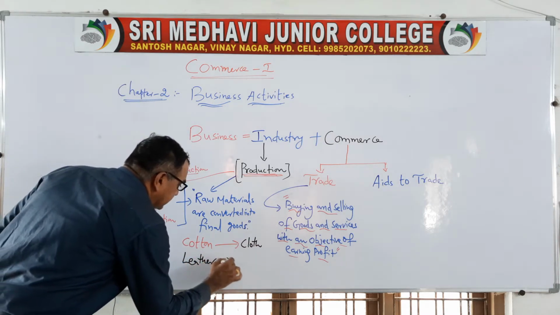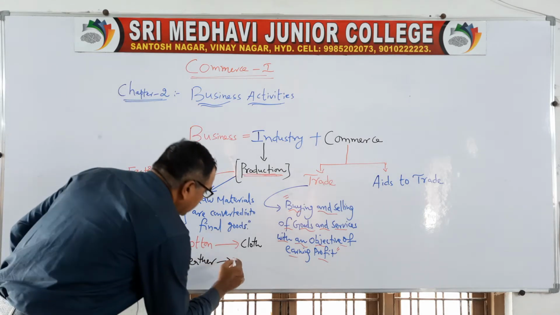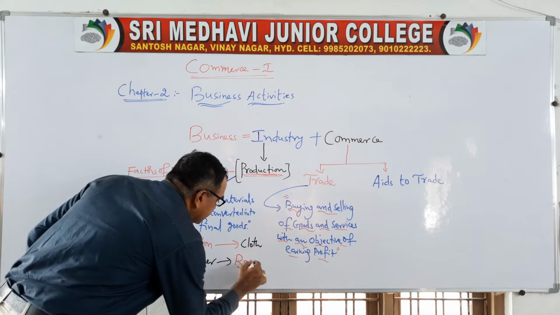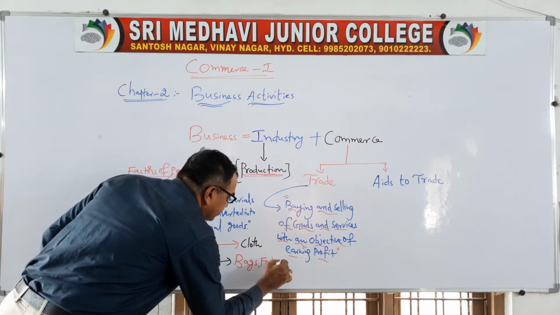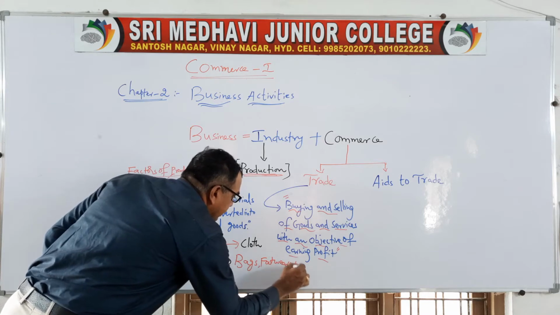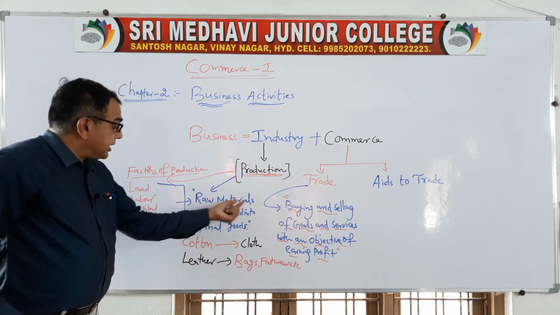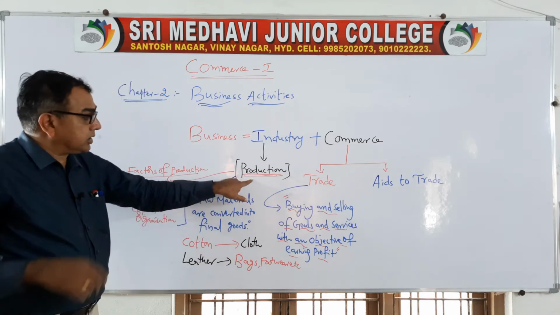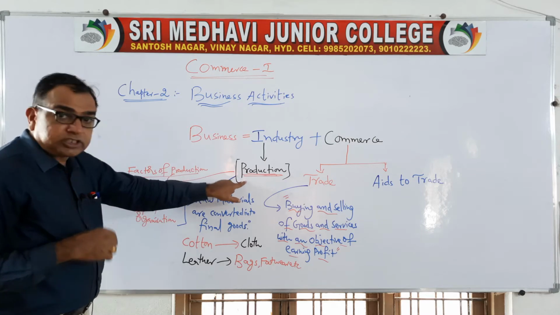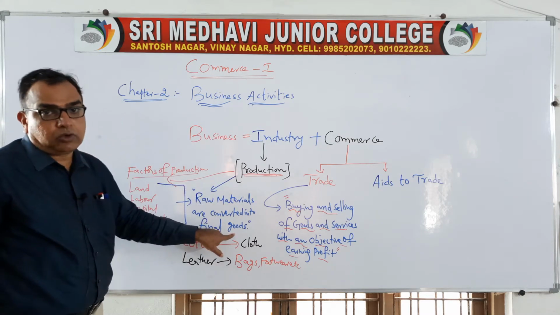Leather of animals is converted as bags, footwear, etc. Try to understand here. Raw materials are converted into final goods. Where? Production. What does production mean? Production means conversion of raw material into final goods.